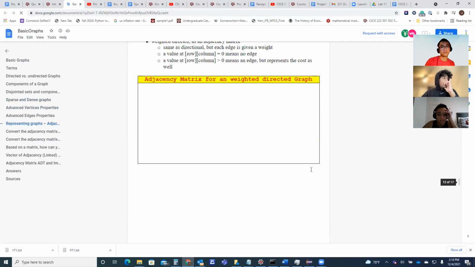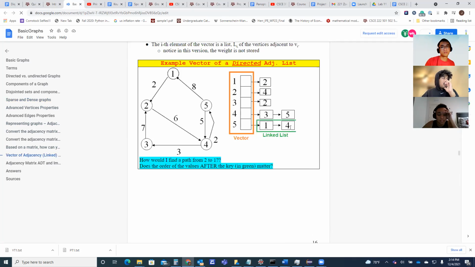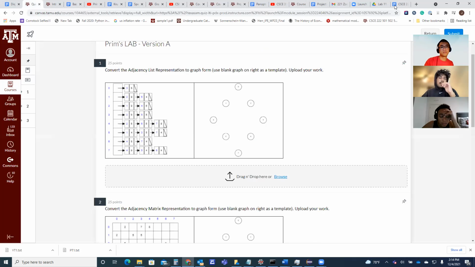Oh yeah, so 4 is connected to. I don't know if it's directed or, oh, it's undirected because of the way he has it set up. Oh, okay. I guess the actual linked list, the index doesn't matter. It's just what is actually in the index.